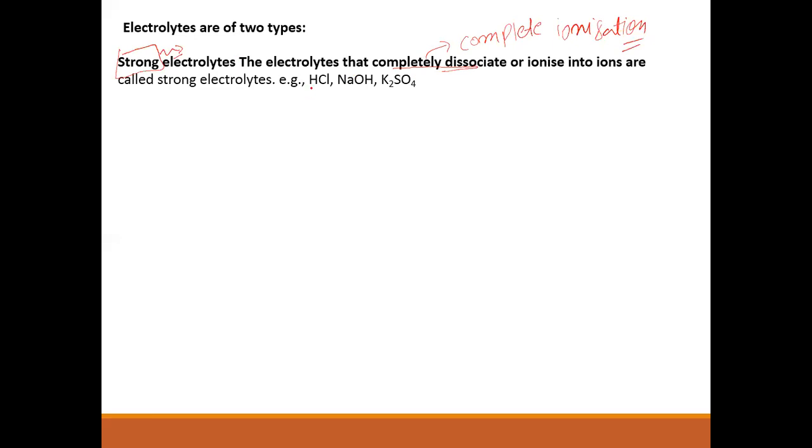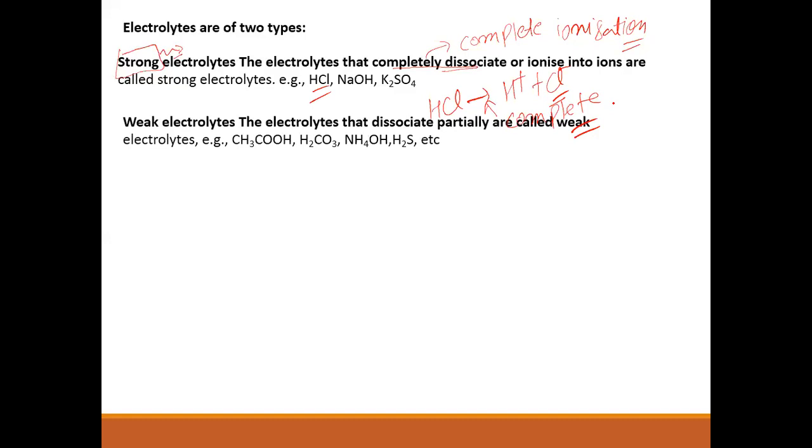Suppose we take an example of HCl. HCl breaks into H+ and Cl- completely. This arrow indicates there is complete ionization.